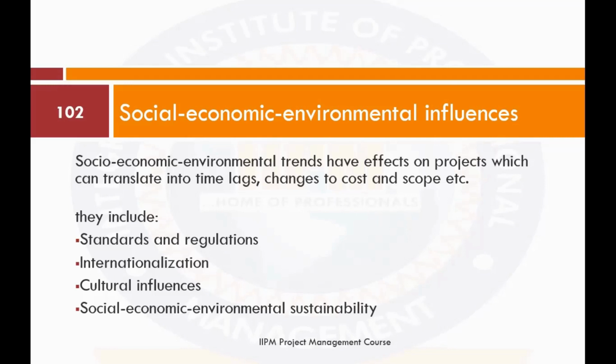Cultural influences. When we talk about cultural influences, we are not just talking about the cultural heritage or the social heritage, right? That's not just what we're talking about. Cultural influences are many. Every individual has his own culture. Every group has their own culture. Every organization has their own culture, their behavior, their patterns, okay?